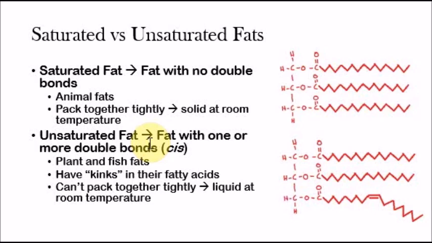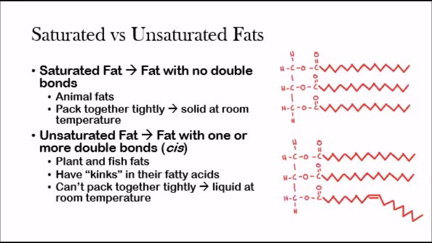For plants, since plants are stationary, it doesn't really matter if the fat is in a liquid or solid form. That's why plants have unsaturated fats: a plant is staying in one place its whole life, so it doesn't matter if it's liquid or solid.